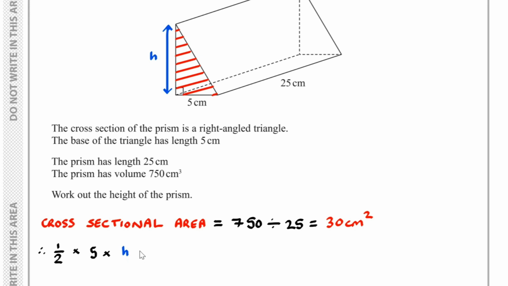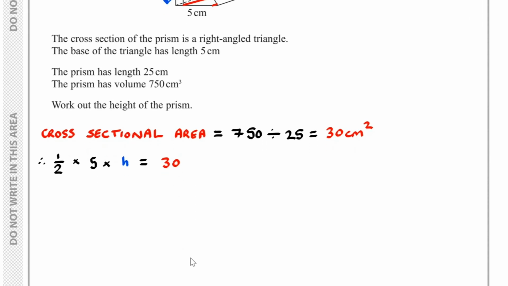This is all equal to 30. And so if I multiply through by 2, I've got 5h, which is 60. h is equal to 12. So I get 12 centimeters for the height of the prism.